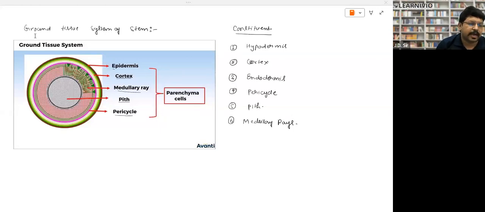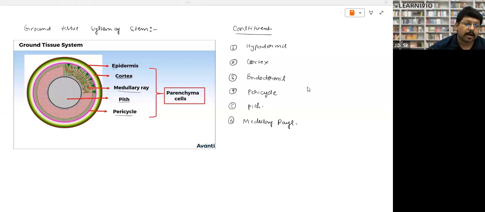The heading is ground tissue system, right? And then you have to write it down. The constituent of ground system of monocot stem.